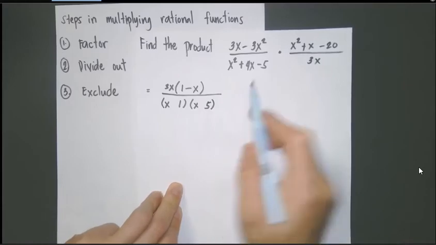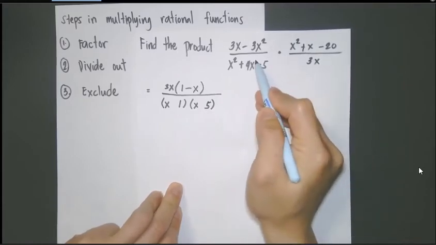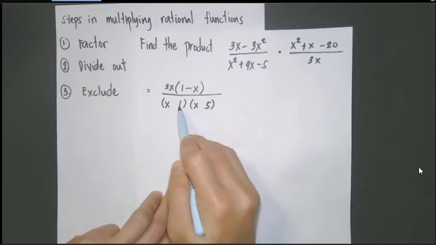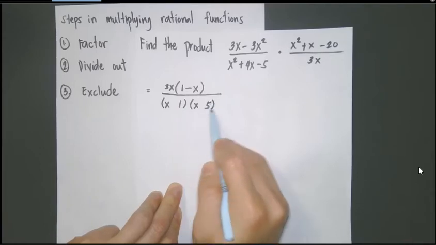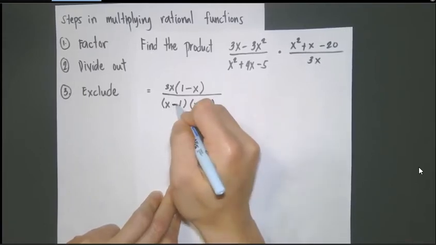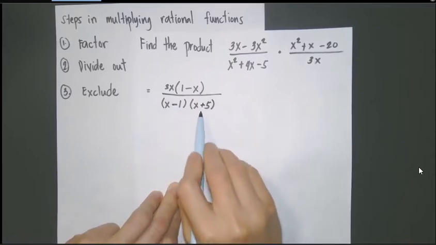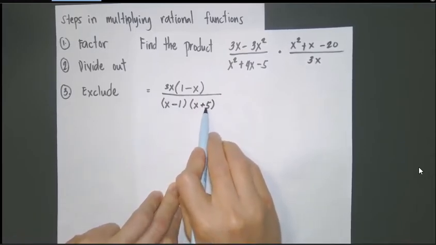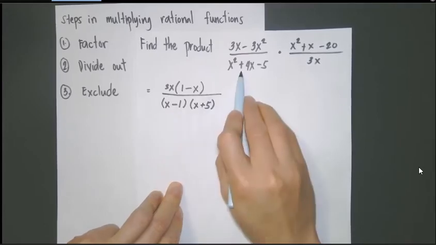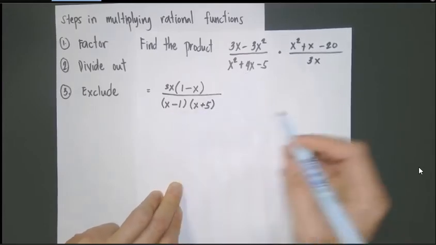How do you pick? You base it on the middle term, which is the positive 4x. So if you add up 1 and negative 5, you should get a positive 4? No, 5 should be the positive and 1 should be negative. To double check, positive 5 plus negative 1, you will end up with a positive 4.